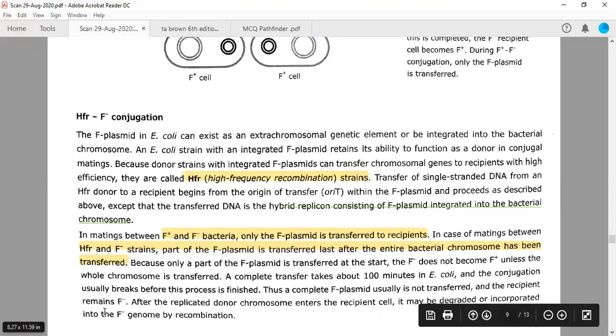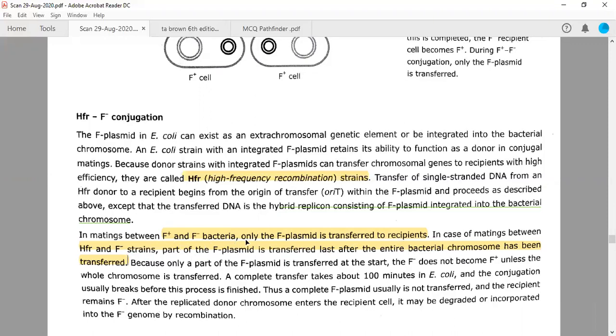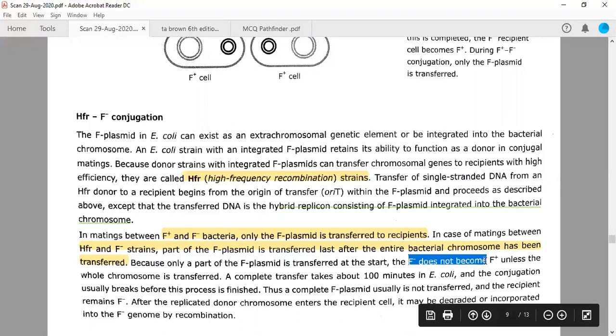So this I want to tell you: the half of the plasmid, or the part of F plasmid, is transferred at last after the entire bacterial chromosome is transferred from the donor or Hfr to the F negative or recipient strain. Because only part of the F plasmid is transferred at the start, the F negative does not become F positive, right? Unless the whole F plasmid is transferred from the donor to the recipient cell.